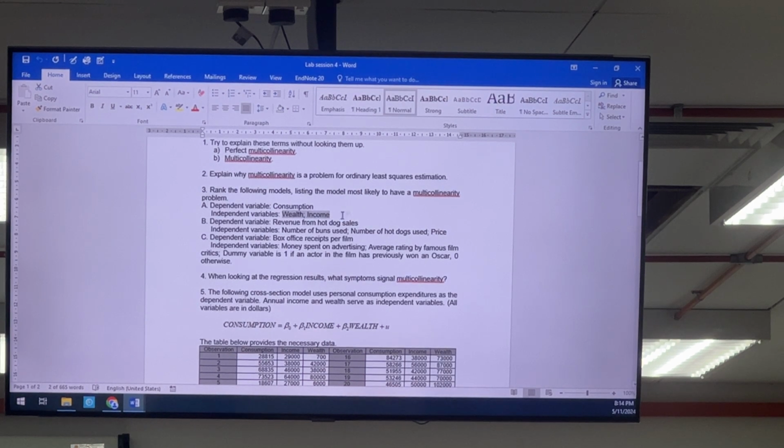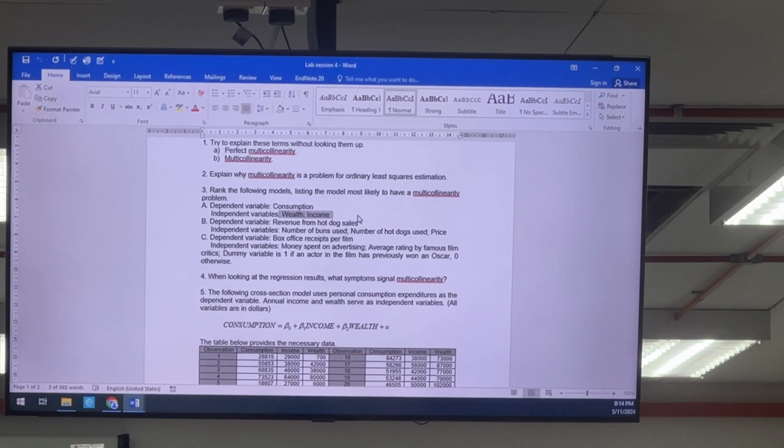So this one is not perfect, most likely it's imperfect, if there is a problem of multicollinearity, because wealth and income are normally related, but not necessarily.